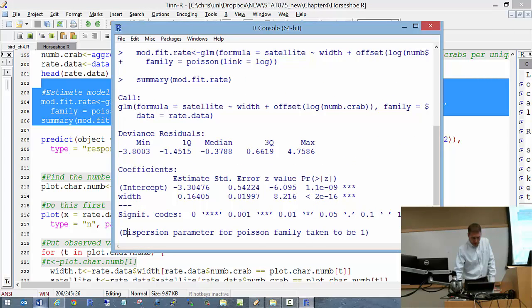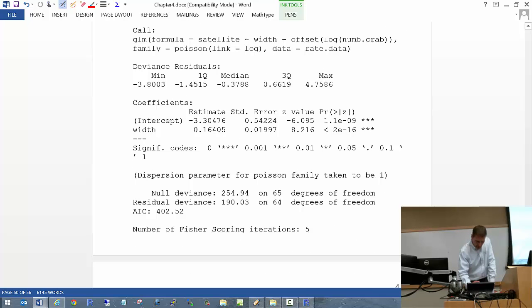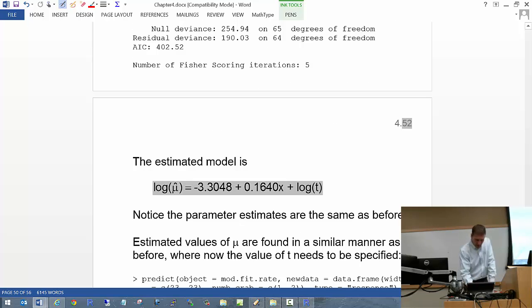Let me actually go over here to Word so I can mark on the output. So here's my beta hat 0, here's my beta hat 1, and guess what? The beta hat 0 and beta hat 1 were exactly the same as what we had earlier in the notes. The difference in how I write my model is that now I say plus log of t. Look what happens when t is equal to 1.